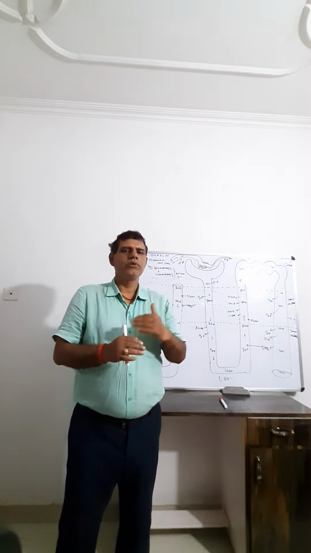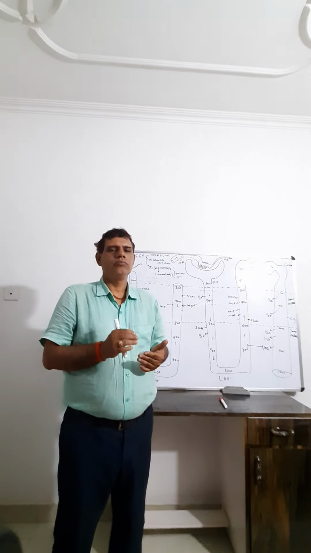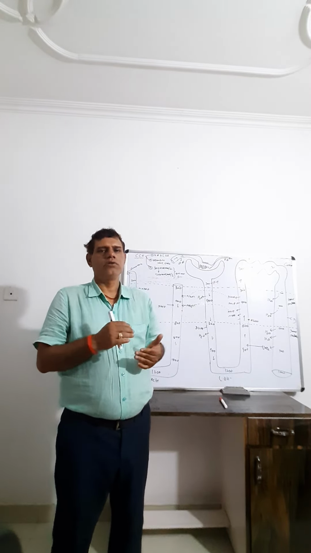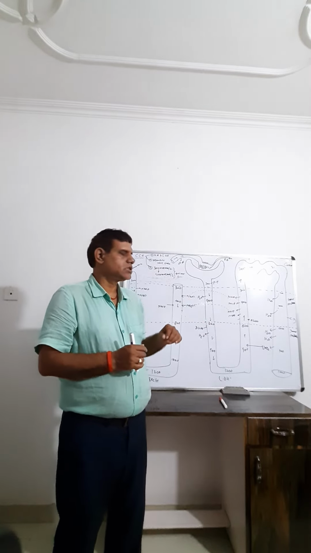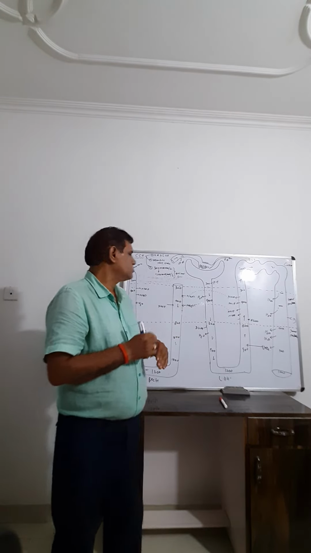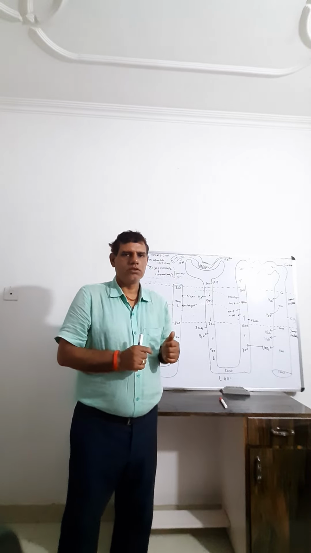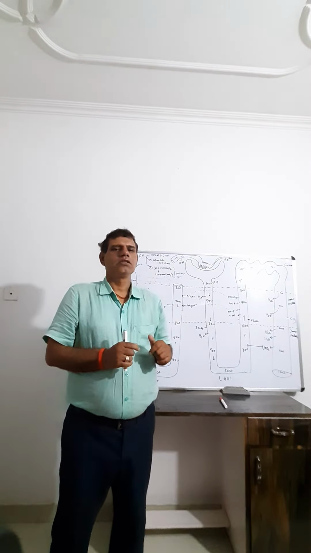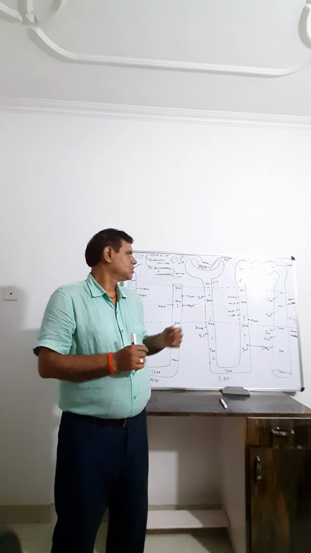The counter current hypothesis takes place in the loop of Henle, and it maintains the osmolarity from 300 milliosmol per liter to 1200 milliosmol per liter. The vasa recta is responsible. Minimum reabsorption takes place in the loop of Henle, and in the DCT and CD reabsorption takes place.